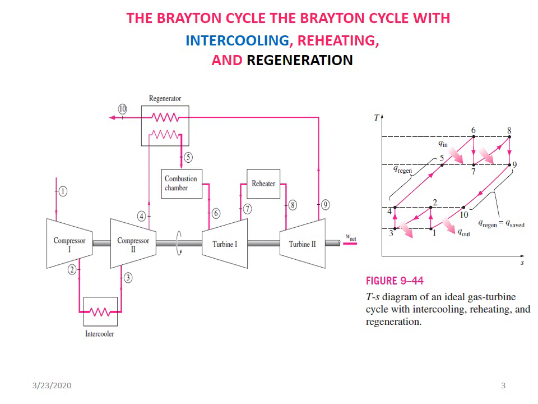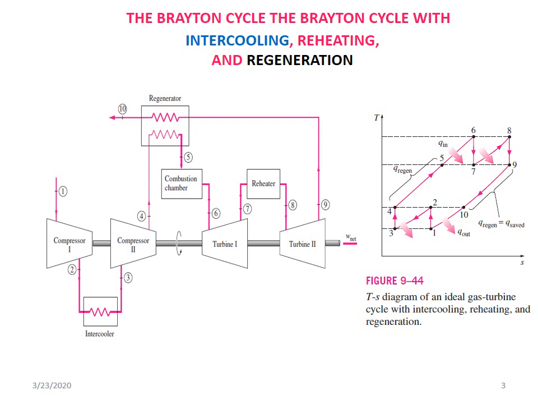In ideal regeneration, the gas leaves the regenerator at the temperature of the turbine exit, and T5 will be equal to T9. The temperature at point 5 will be equal to the temperature at point 9.